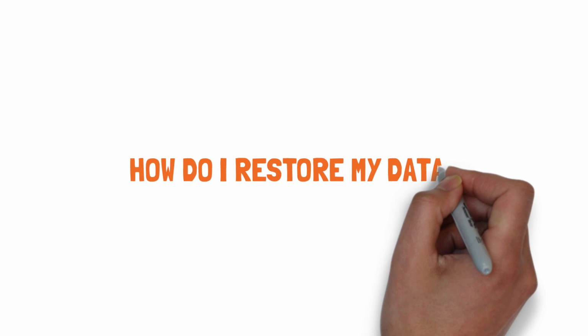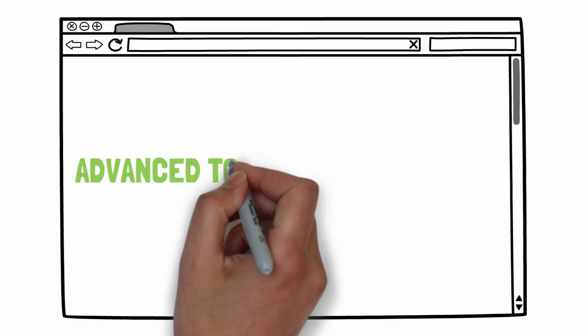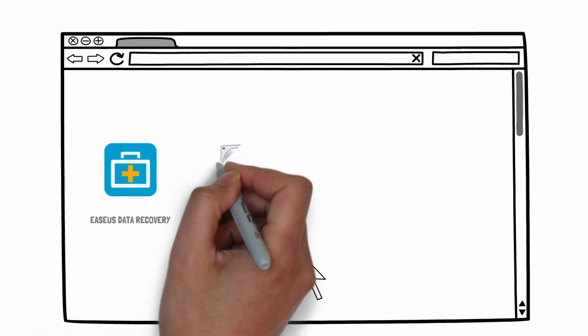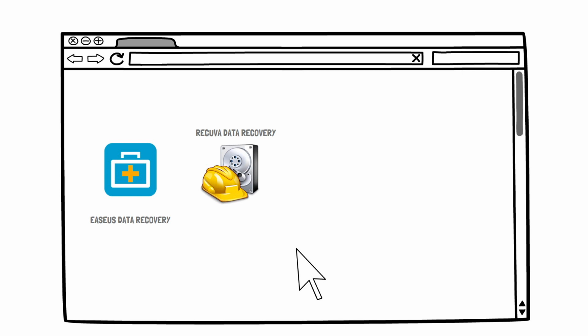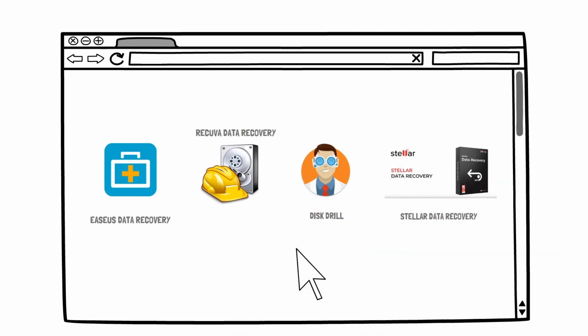How do I restore my lost data? There are many advanced tools and software available in the e-market that would help you restore the deleted data yourself. Some of them are EaseUS Data Recovery Wizard, Recuva Data Recovery, Disk Drill, Stellar Data Recovery, and others.